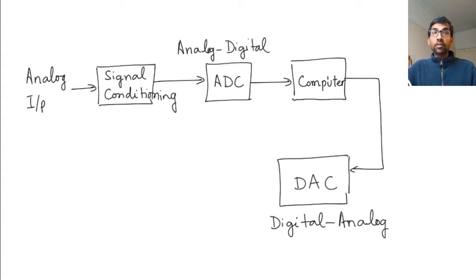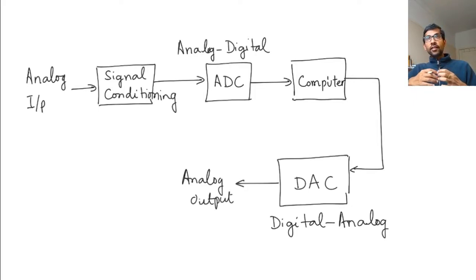It does a digital to analog conversion, and at the output here you have an analog output. Okay, so this is the summary of the digital systems that we are looking at in this particular unit.